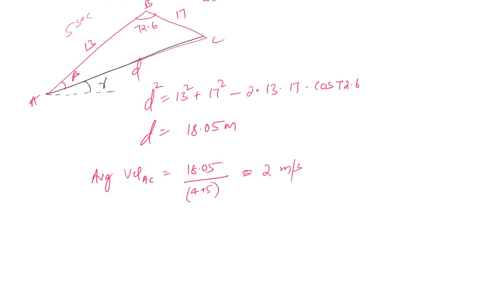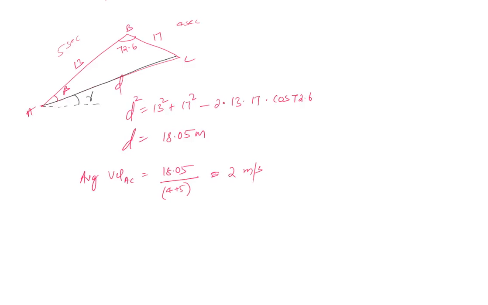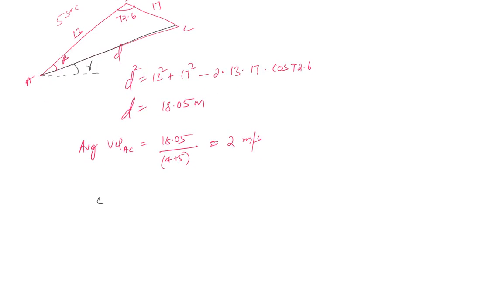To find beta, we need to use law of sines, right? So sine beta divided by the side opposite to that, 17, is equal to sine 72.6 divided by the side opposite to that, which is D, which is 18.05.